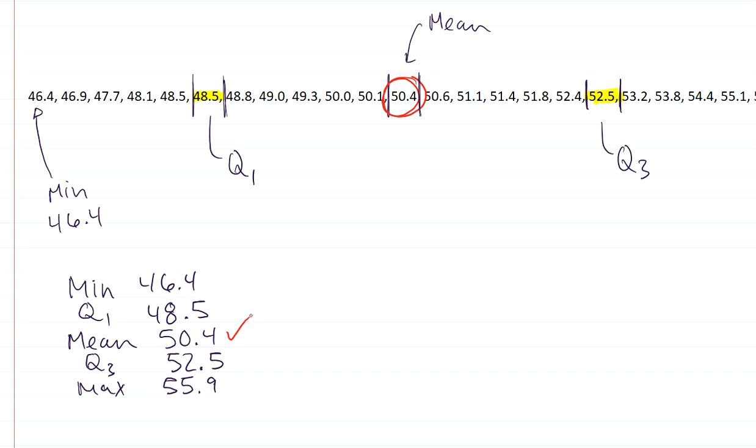The middle of the lower half is 48.5, so that's Q1 at 48.5. The middle of the upper half of my data is Q3, and it's 52.5. And then you can see the max and the min, the smallest and the largest value in the data set. So there is the 5-number summary for the children born at this hospital in Dallas.